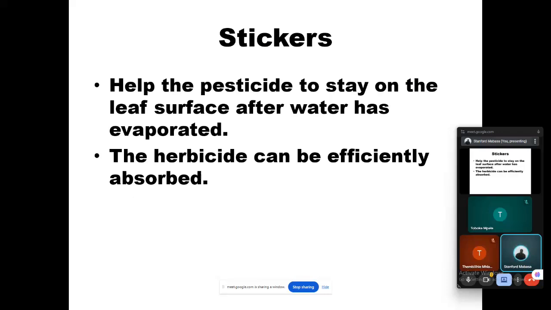Stickers can be included in the pesticide to help it stay on the leaf surface after the water has evaporated. The herbicide can then be efficiently absorbed, or any other pesticide for that matter.